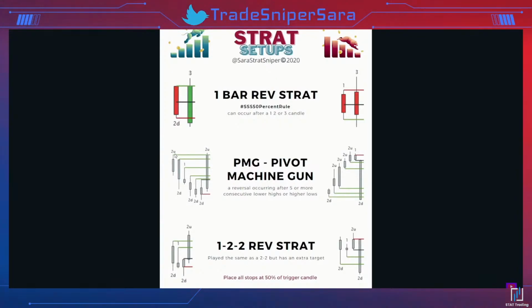Now, you might not always take out all the pivots, and that's okay. We never know how far price is going to keep going, but you can take profit at each one of these and continue to walk your stops up. Okay? You can also have an inside bar reversal that sparks the pivot machine gun.